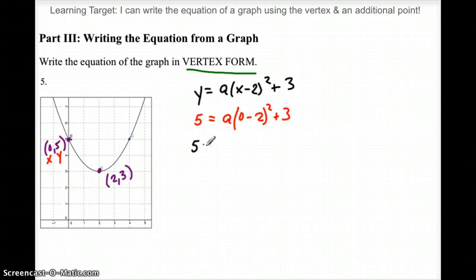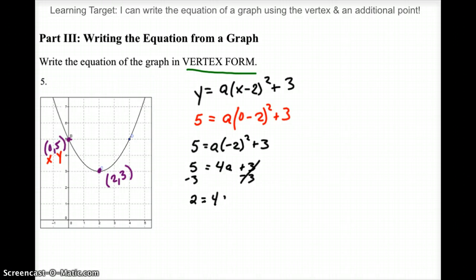So 5 equals a times 0 minus 2, -2 squared plus 3. And then if I square -2, that's a 4. So I really have 4a plus 3. So then I want to subtract my 3 here. So I have 2 equals 4a.